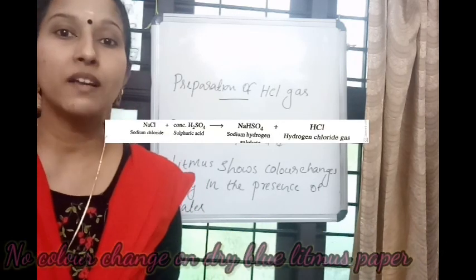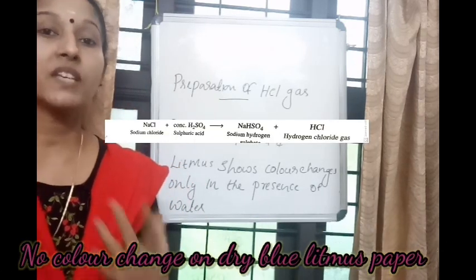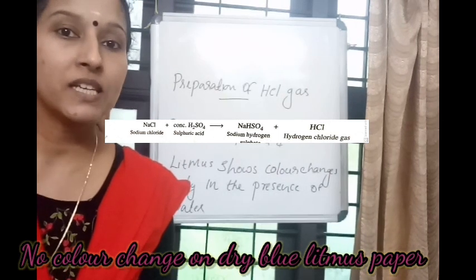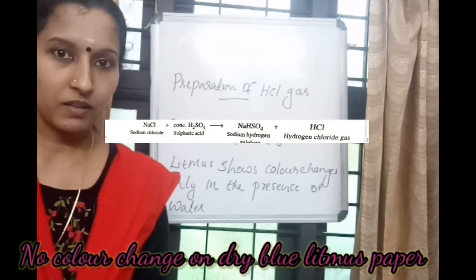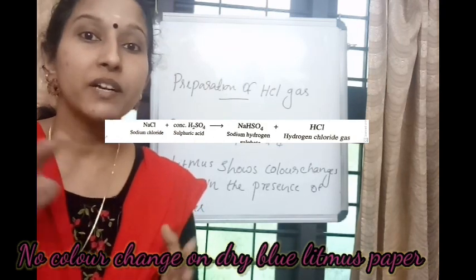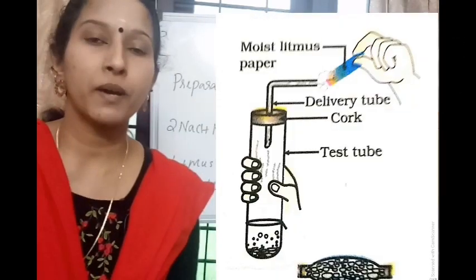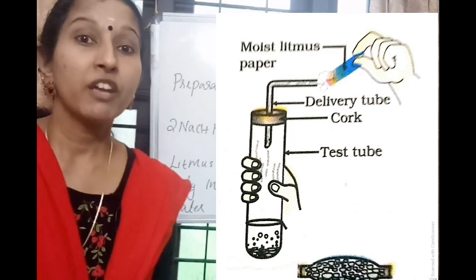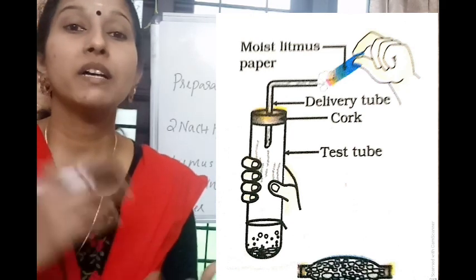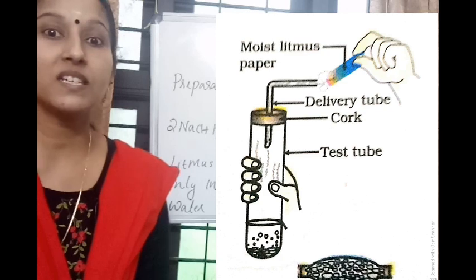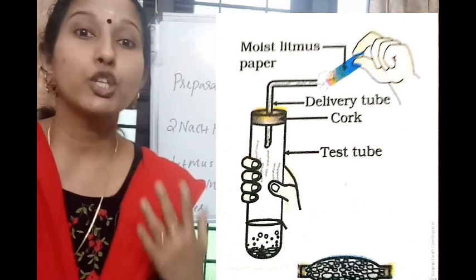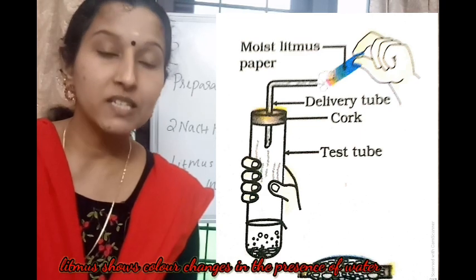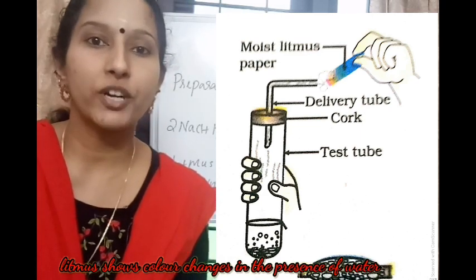On showing the litmus paper, you can see there is no color change on dry blue litmus paper. At the same time, wet blue litmus paper turns red. What does it indicate? Litmus shows its color change only in the presence of water.